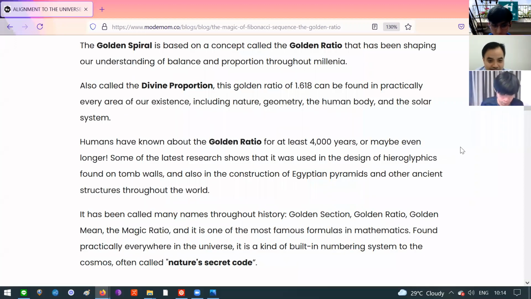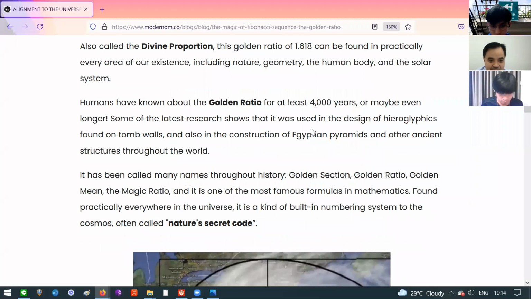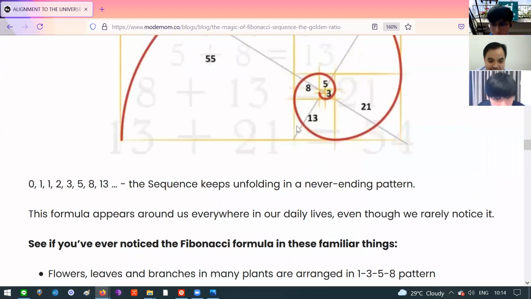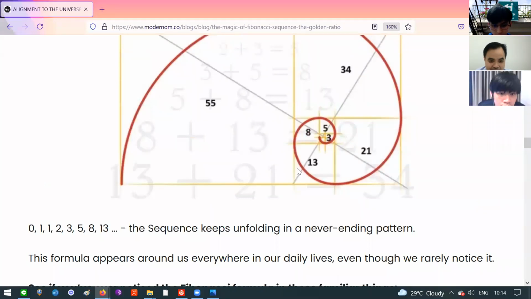Okay, this is a good picture I want to show. You can see that 3 plus 5 is equal to 8, 5 plus 8 is equal to 13. You add the height here, 8 plus 13, you get 21. You add the height 13 and 21 here, you get 34.